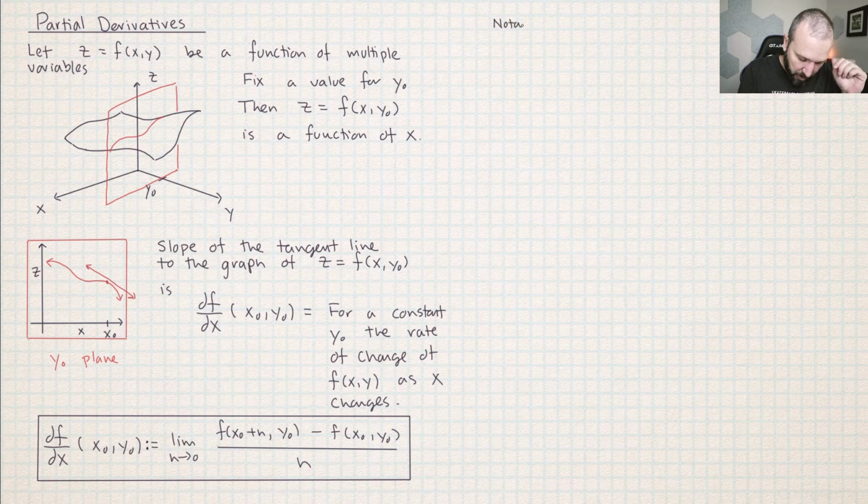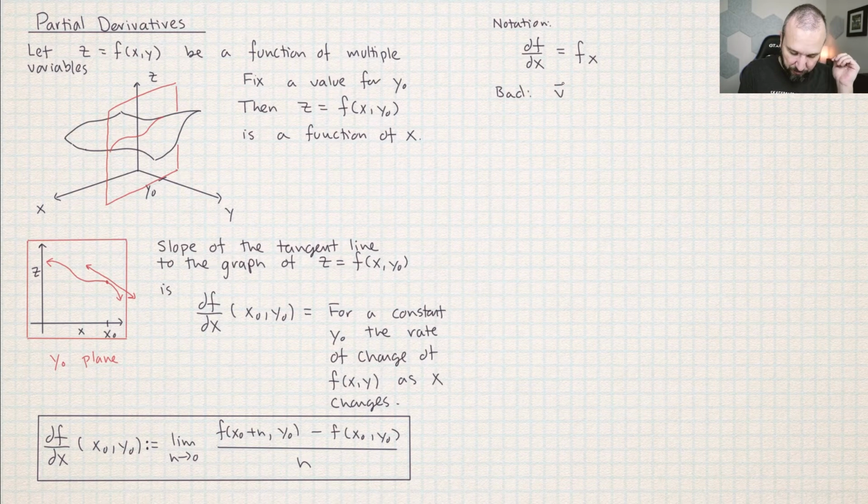There is some other notation for this. You will also see people be lazy and just leave off those x naught, y naught inputs. And a further way that people will be lazy is that sometimes you'll just see subscript notation like that, where people just write f sub x. This is a bit of a bummer because this is kind of bad notation.